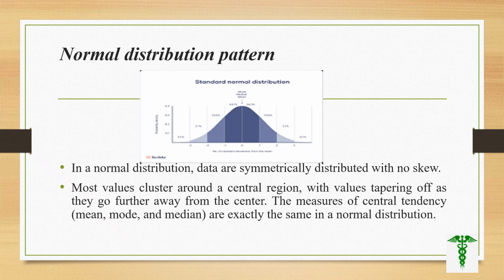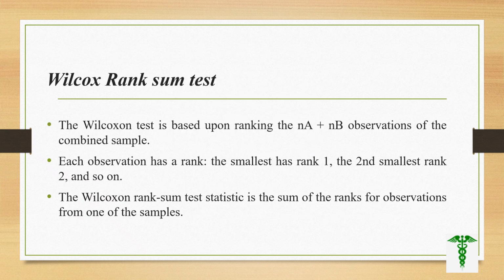The measures of central tendency, the mean, median, mode, etc., are exactly the same in the normal distribution. So the normal distribution, or bell-shaped curve, is an example of the standard normal distribution pattern.